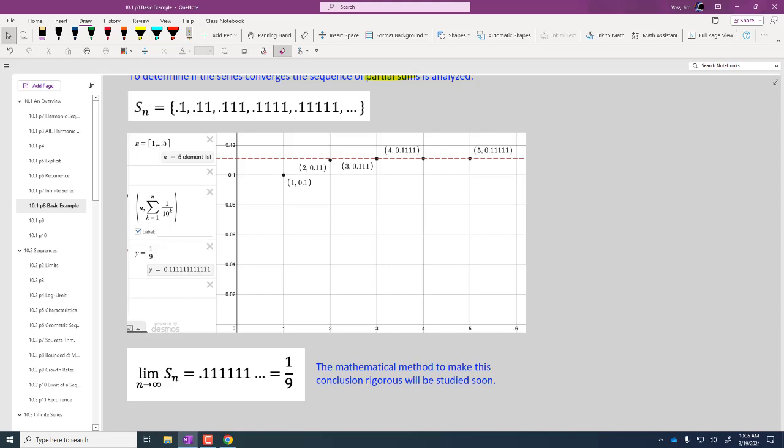Let's talk about this part later. It's going to be a geometric series. There's going to be a constant multiplier. If we factored out the 0.1, we would see this multiplication by 1/10.